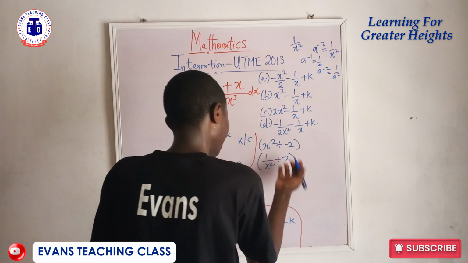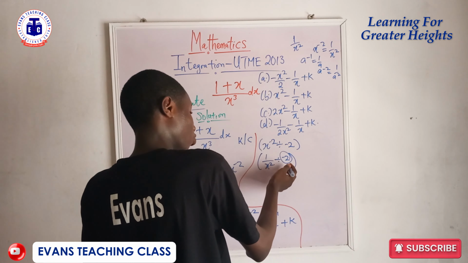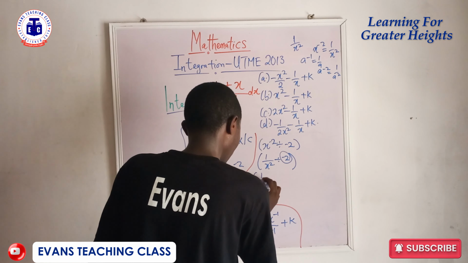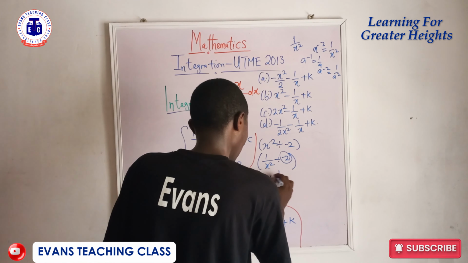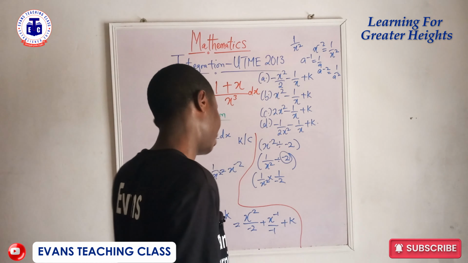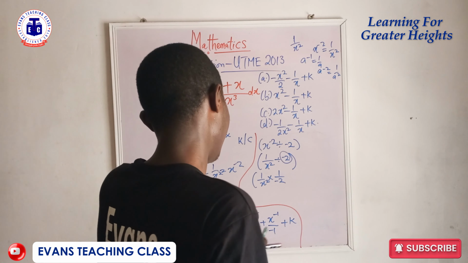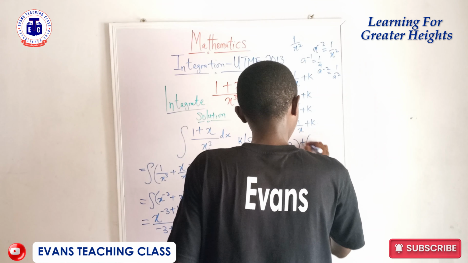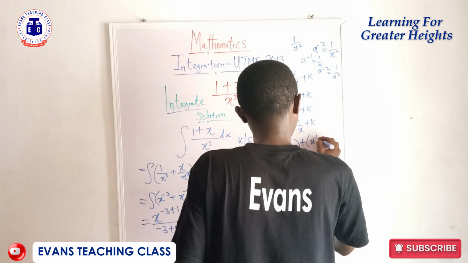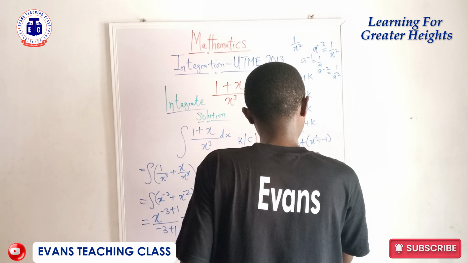You know, the division, if I want to change it to multiplication, this one will become 1 over minus 2, right? So it will now be 1 over x squared times 1 over minus 2, right? So as I'm doing it on this left hand side, let me do this for this side too. So it will now be plus x raised to minus 1 divided by minus 1, right?